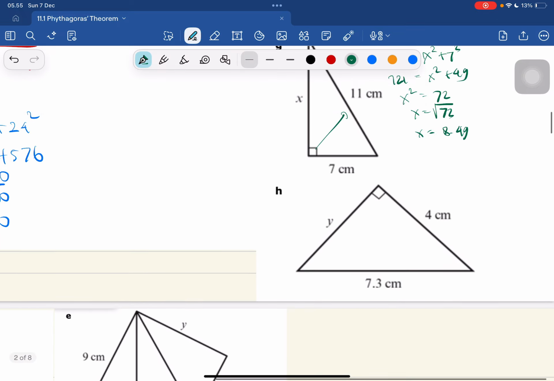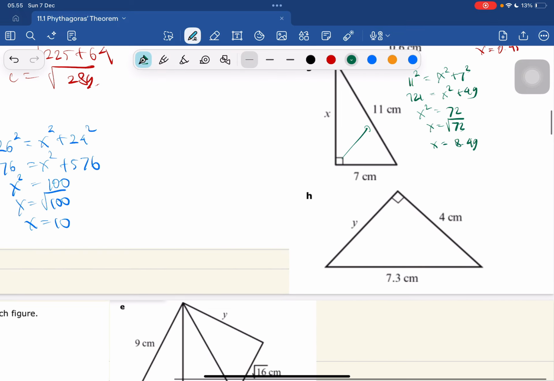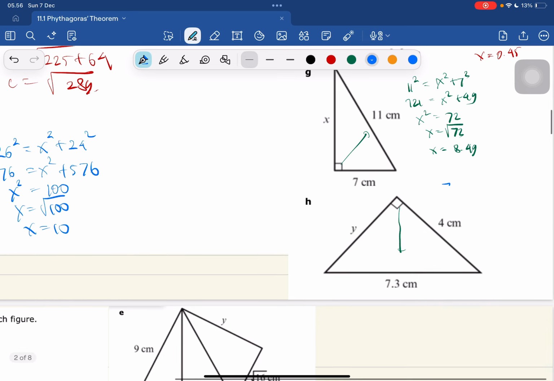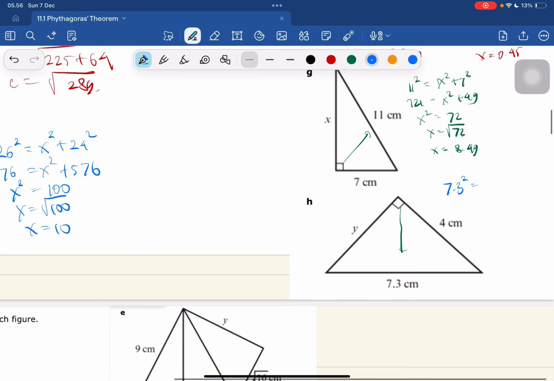Now is y. The longest line, or the hypotenuse, is here, opposite of the right angle. So we can proceed. 7.3 squared equal to y squared plus 4 squared. So y squared plus 16. So 7.3 squared is 53.29.